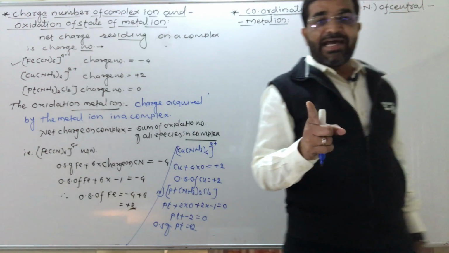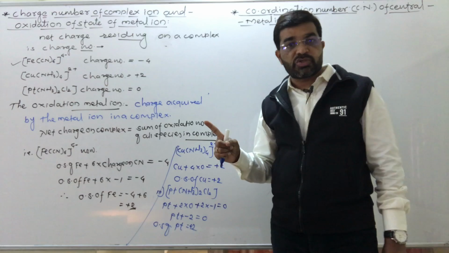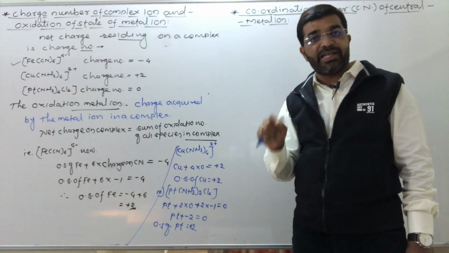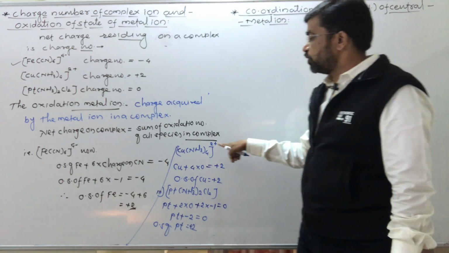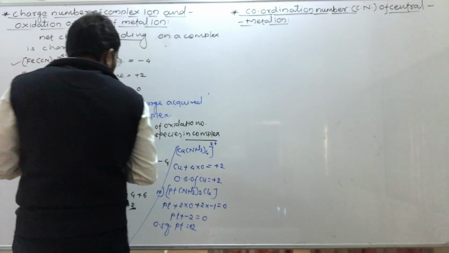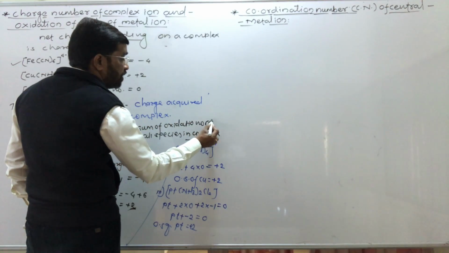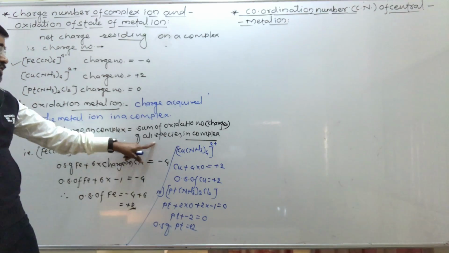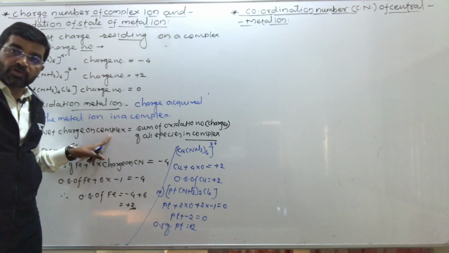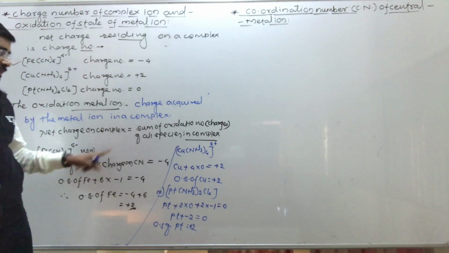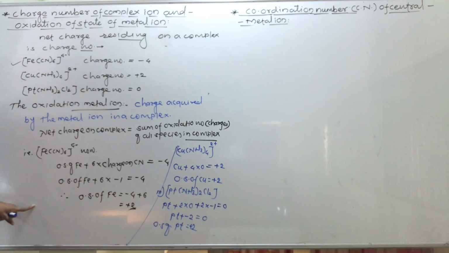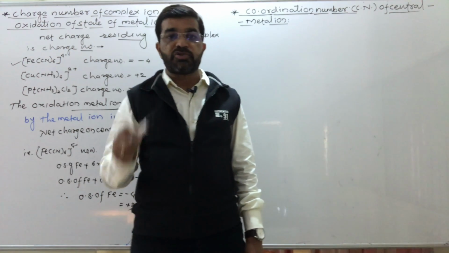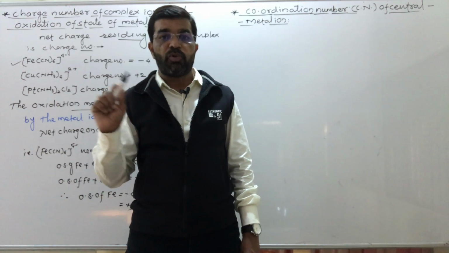So you don't forget that sum of the charges of all the species present in that complex or coordination sphere is equal to net charge present on it. In this way we can determine the oxidation number of metal ion present in that coordination compound or complex.